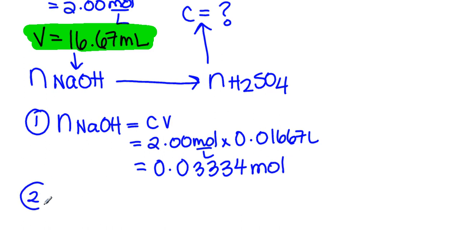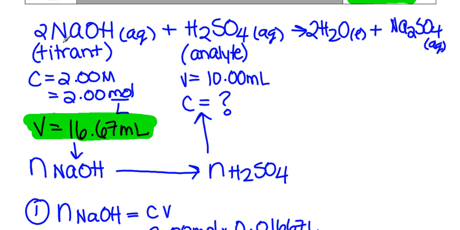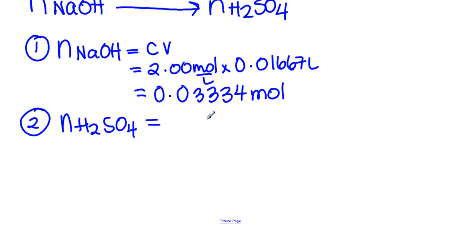Next, I need to do my mole ratio step to find out my moles of sulfuric acid. Now let's go back up and look at our balanced equation here. It's 2 moles to 1 mole. They're not equal. So I have to include my mole ratio and my units. Same 3 in there.